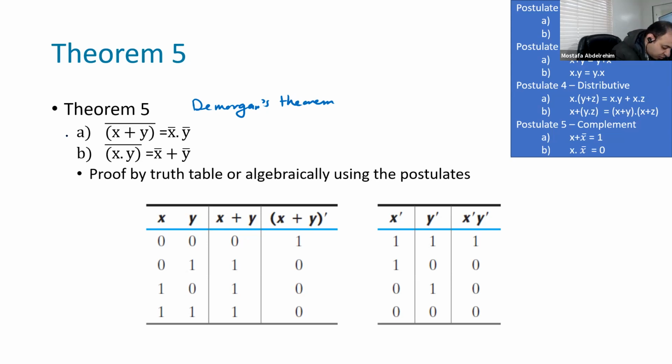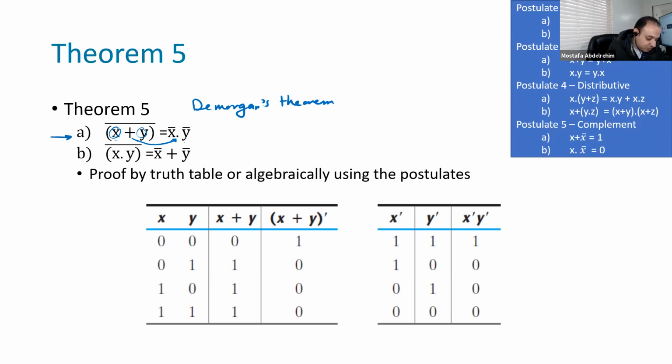So here, this is for theorem 5a, for example. Here you OR x and y, then you take the complement. It's equal to the AND of x complement and y complement. What happened here is that you convert the OR into AND and distribute the complement on the x and y.